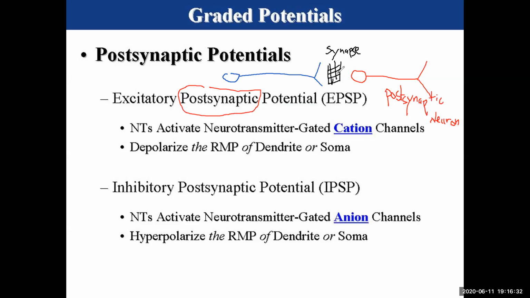The neurotransmitter induces the perturbation of the membrane potential on the plasma membrane of these postsynaptic neurons. Because of that, that electrical signal is called postsynaptic potential, because the potential perturbation occurs on the postsynaptic neuron. Okay.